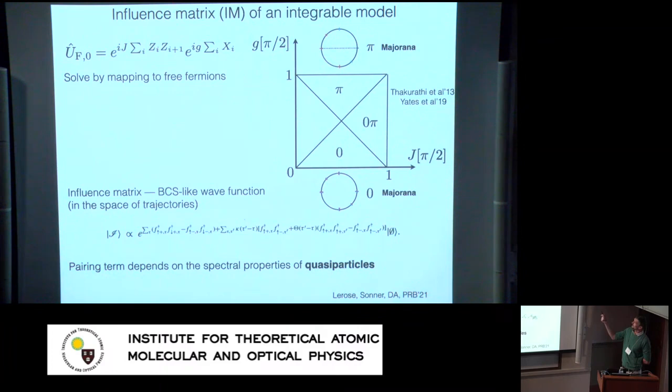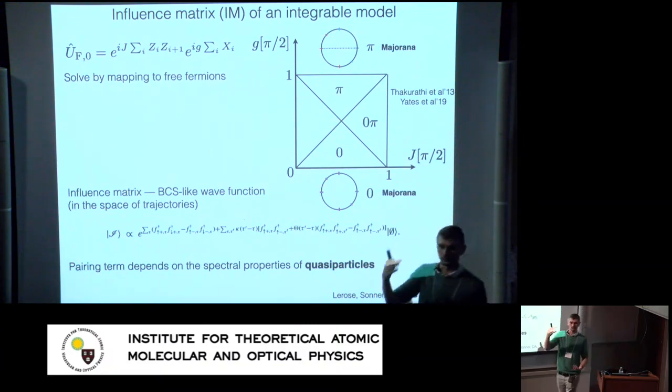It's a nice model by itself, which has edge modes and things like that, but I will not go into that today. And its influence matrix can be computed using Grassmann path integrals, and then what you find is that it has the form of a BCS-like wave function on this temporal contour.